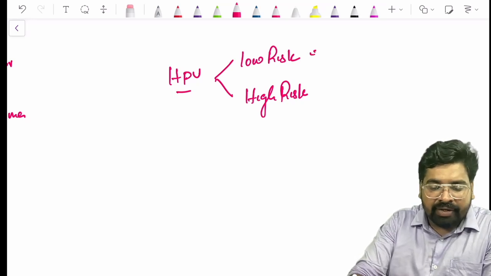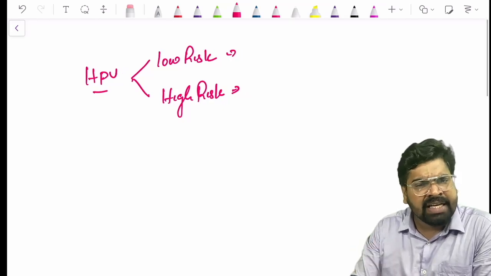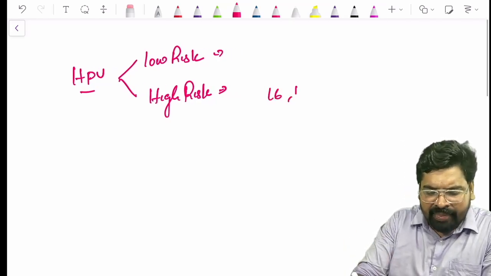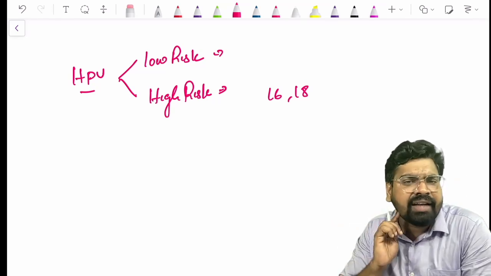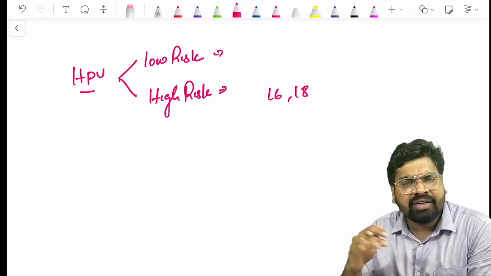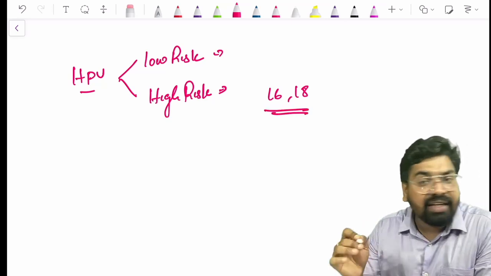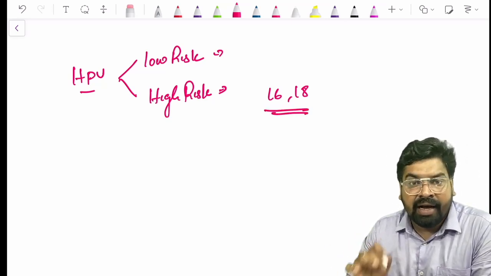In one of the papers, they asked which among the following is a high risk HPV virus. Just remember 16 and 18. HPV 16 and HPV 18 are high risk viruses. There are many others, like 35 and 32, but that doesn't matter. Please remember HPV 16 and 18 at least in the high risk category.